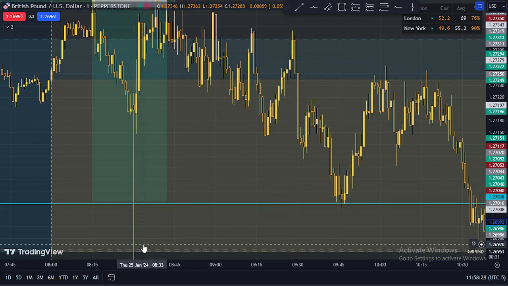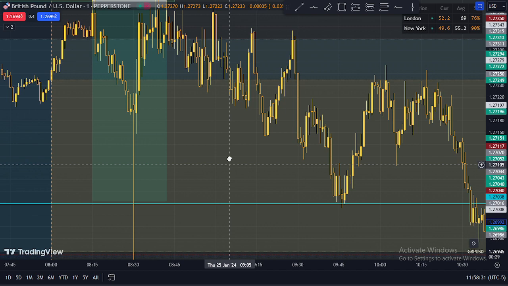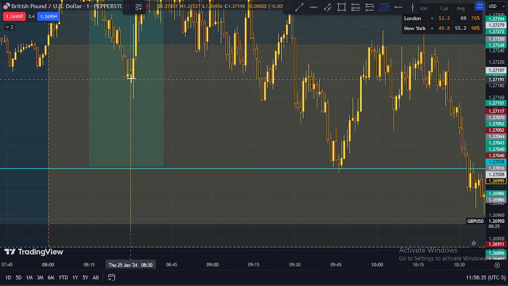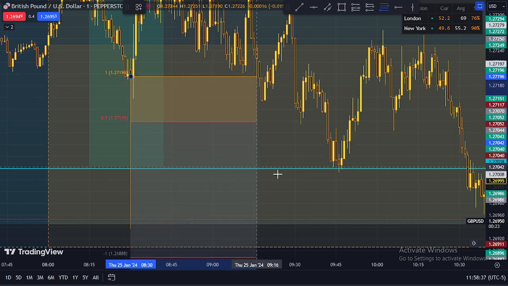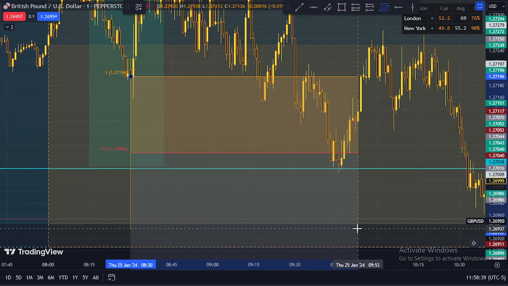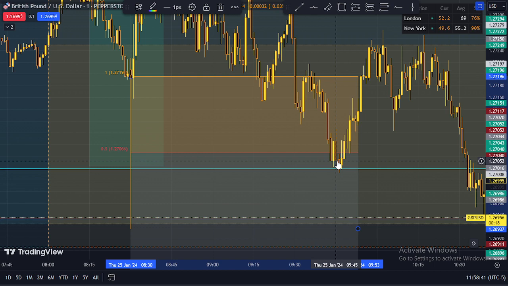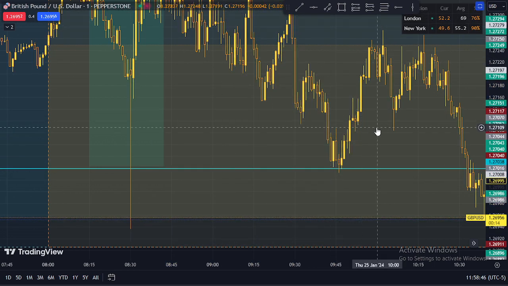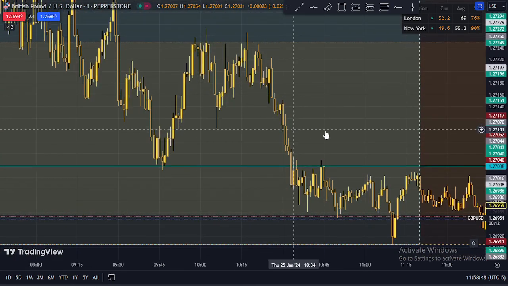You could be aiming for the midpoint of this week. So just take your fib, anchor it to that high, to this low, and as you can see, we hit that right there. So that was it for today.